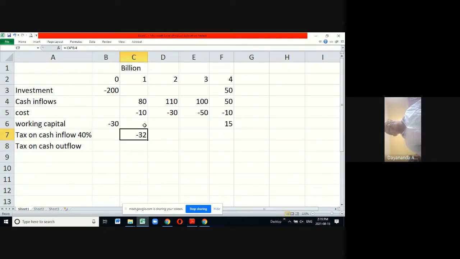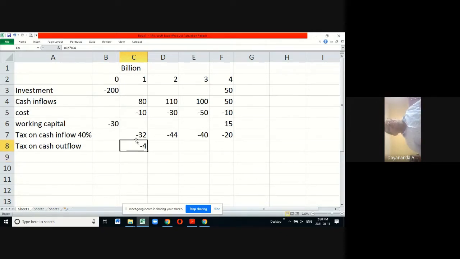That is a tax. So when you earn 80 rupees, you have to pay the tax of 32 rupees. Likewise, you can do the taxation on each element. That is the payment. But for the tax on outflow, it's of course a tax saving, but you are calculating 40%. There is no change. You get the tax saving.